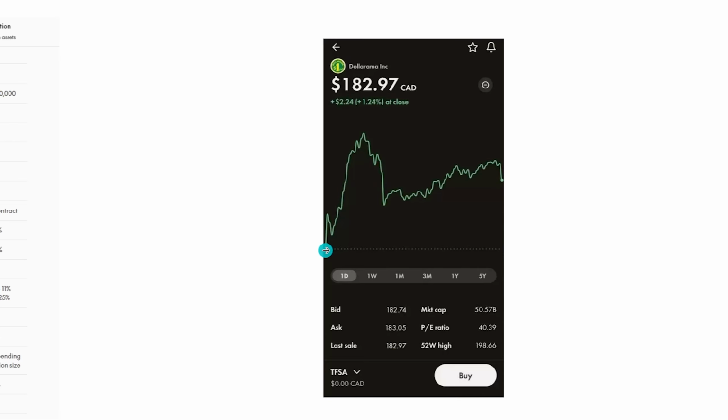All you're going to be given is a line graph that shows the current price and the closing price, and it does have a 15-minute delay on it, but it is very easy to understand when looking at it. This is on its mobile. Its web page is a bit different, and you can just play around with it.